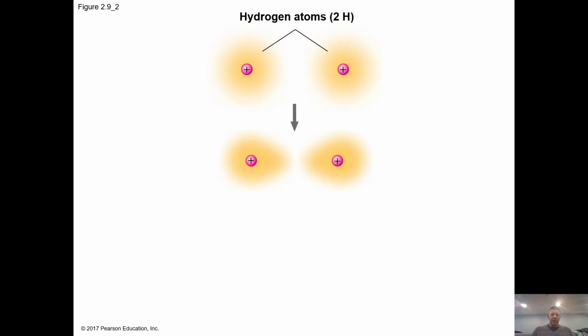Here we have a depiction of this fuzzy area, the electron cloud, and as we're bonding two hydrogens together, you get the melding together of the two electron clouds to make H2, which is a molecule. It's not a compound. A compound would actually take two different types of elements.